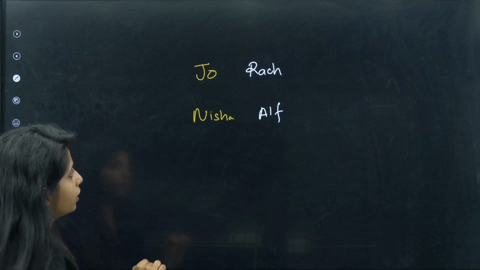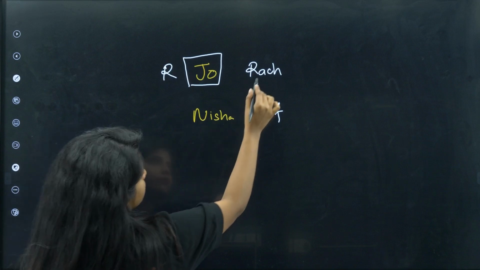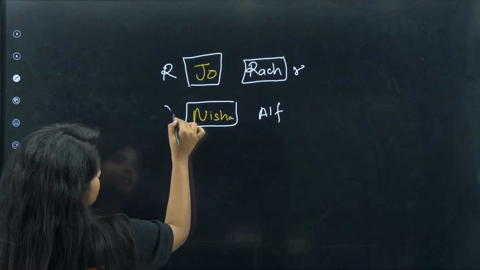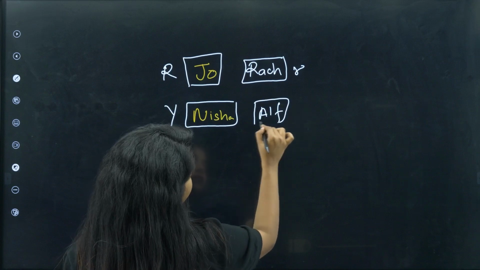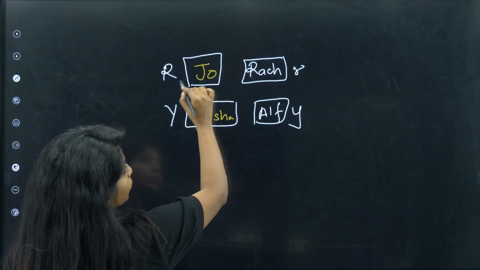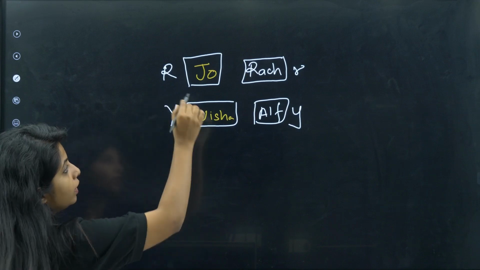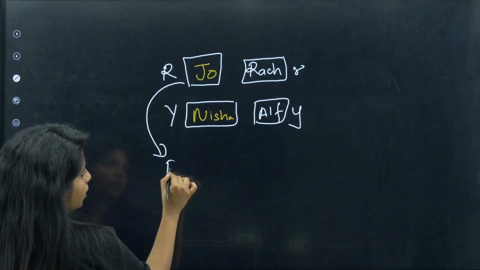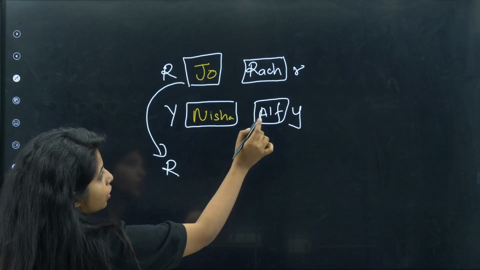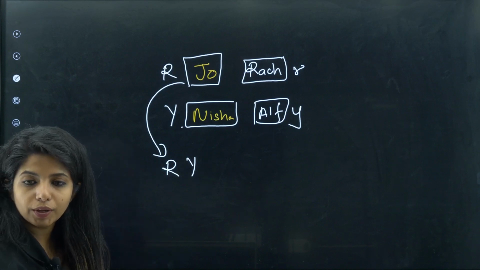So, over here Joe is capital R, Rach is small r, Nisha is capital Y, and Alf is small y. From this team, one person can go and join the competition for the race. Only one, capital R can go. Now from this particular team, only one person can go. Either it can be Nisha or it can be Alf. So I'm saying the Y will be going.